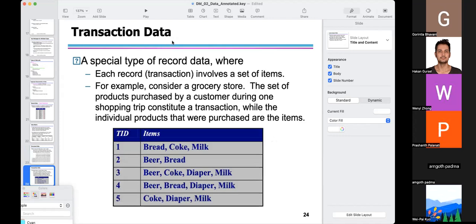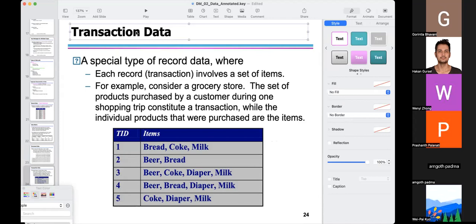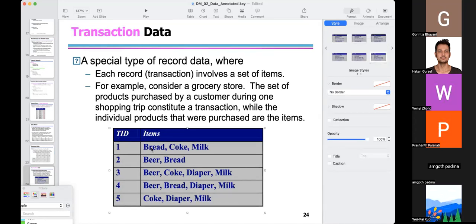Transactional data is a special type of record data. That is, it does not contain objects like humans, customers, patients, or students, but it contains transactions. So what are the specific items that a person purchased when they went to the grocery store? This person purchased bread, Coke, and milk.